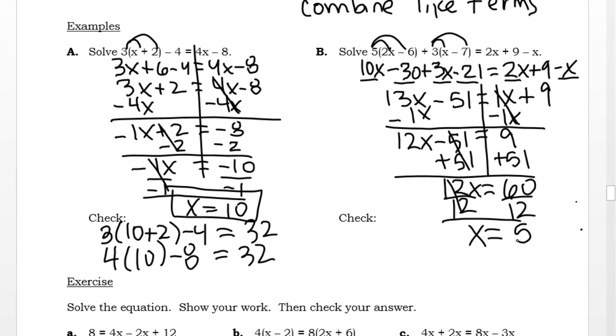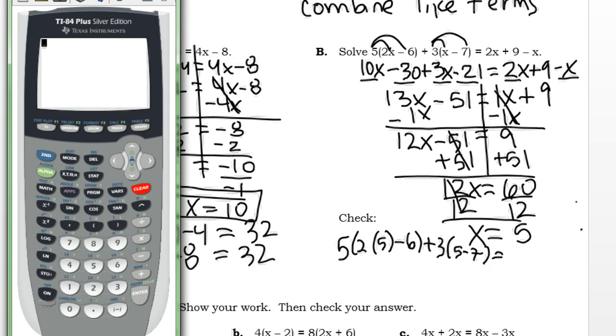I'll see if my brain did that right. So I'm not running out of space here, but 5, 2 times 5 minus 6 plus 3, 5 minus 7. I think I'm going to take the easy way out on this one. Okay. 5, 2, 5 minus 6 plus 3, 5 minus 7.